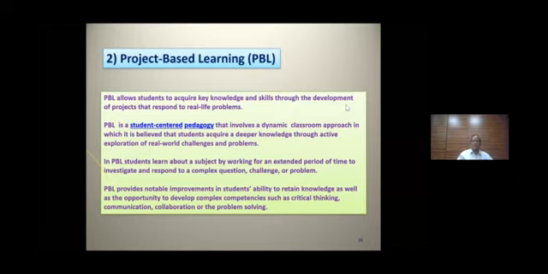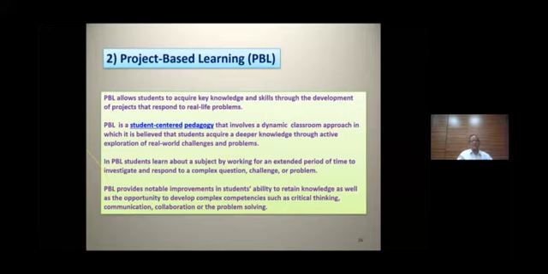While they are carrying out their project, teachers will assist them on what to learn and how to go about it. Students develop the project over a long period, and that helps them learn the subject without much difficulty.